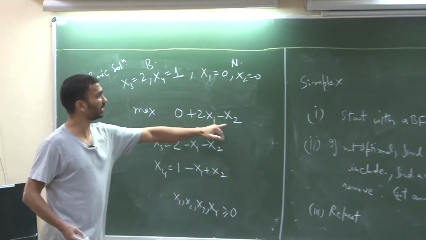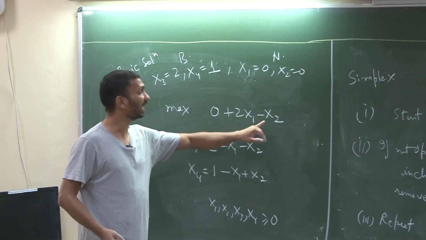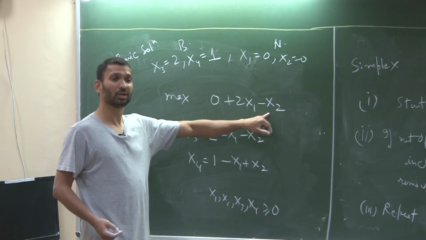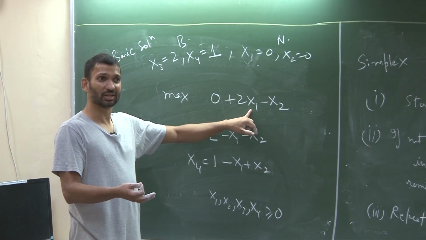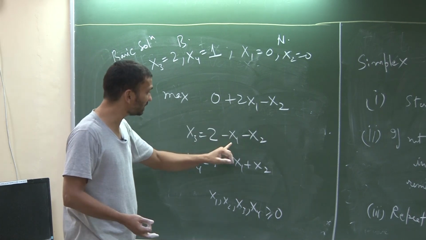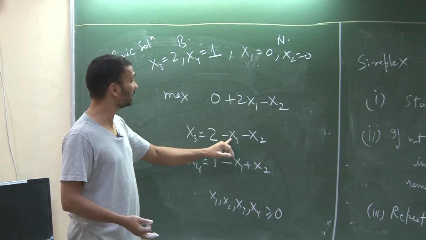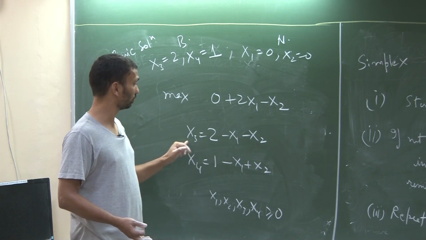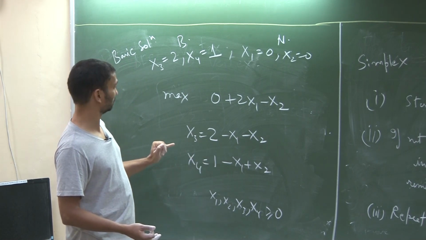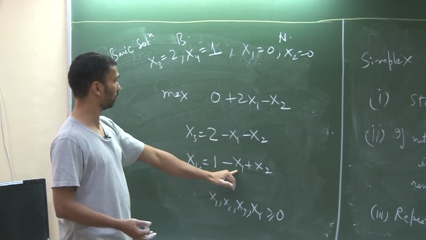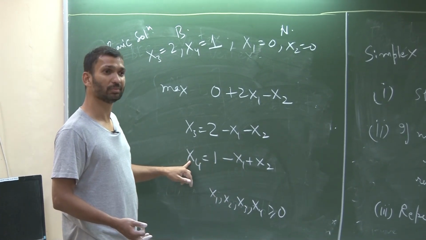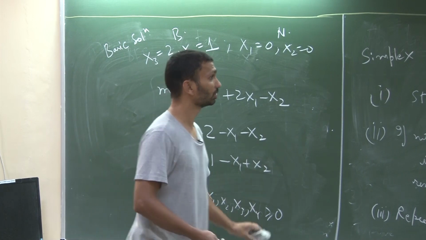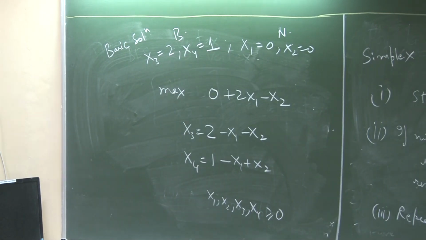Okay, so x1 and x2 were 0. I can't increase x2. I want to increase x1. This is the improvement direction. But if I increase x1, I can increase it only up to 1. Because of this, right? After that, this will become negative. So I will keep this here.